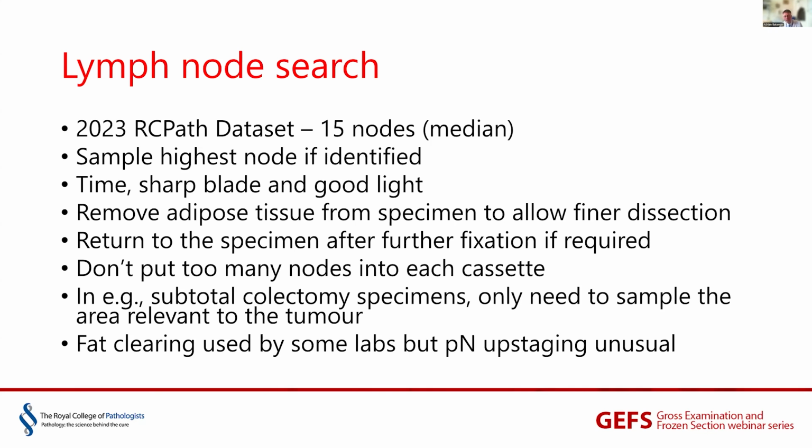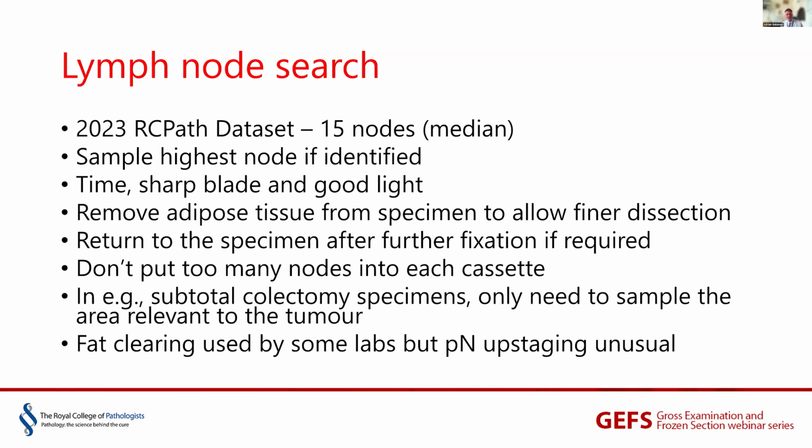I think if you're struggling to find nodes, something I find very useful is, assuming you've done all of your other block taking and you've got the blocks that you need, particularly those that relate to the greatest extent of extramural tumour spread and the proximity to margins, for example, you can remove the adipose tissue from the specimen. That does allow, I think, finer and more systematic dissections. I really find that's helpful.